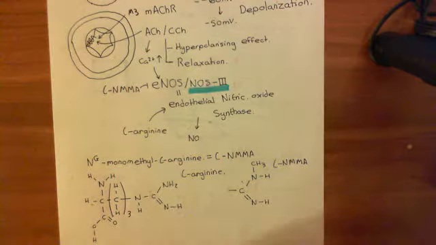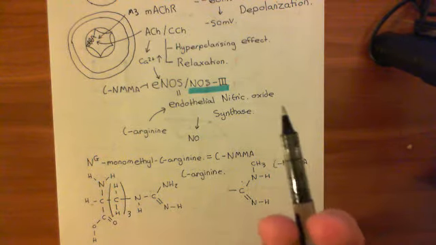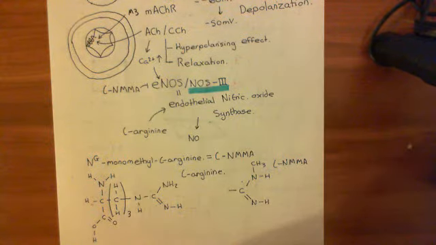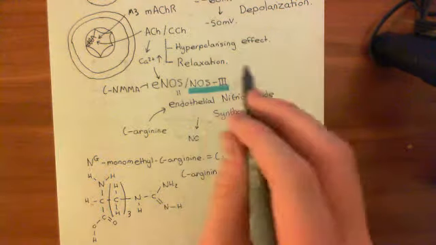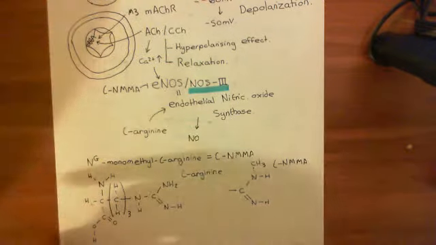However, we wouldn't expect to see a loss of the hyperpolarizing effect, because remember, Chen et al. got rid of the nitric oxide by flooding the endothelial cells with hemoglobin, which was mopping up all the nitric oxide, and he didn't see that the hyperpolarization was blocked. However, Tare et al. did see a block of this hyperpolarizing effect.